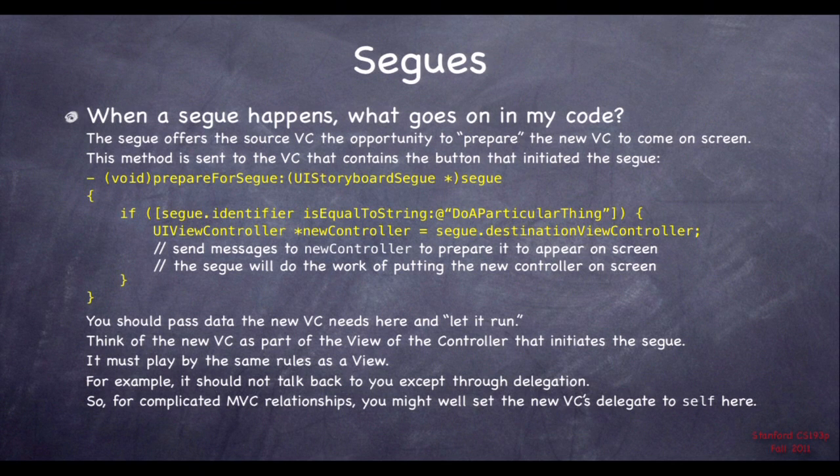Like the graph, you're going to set the program. Maybe in the skiing example, you're going to set the person's height and weight because that's the bindings or things like that. You pass that all and then let this MVC go do its job. The only time this MVC is going to talk back to you might be through delegation. But a lot of times it's not going to talk to you at all. Its model might be some database that it's just storing something into.